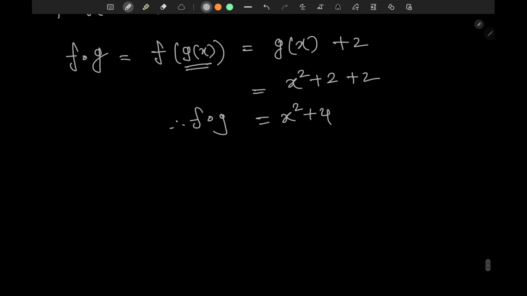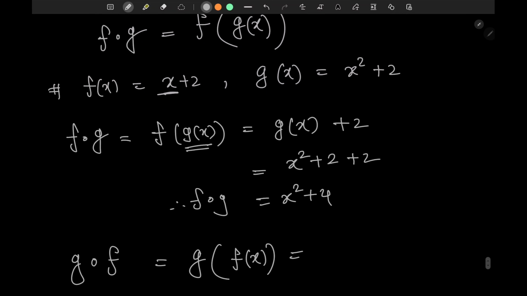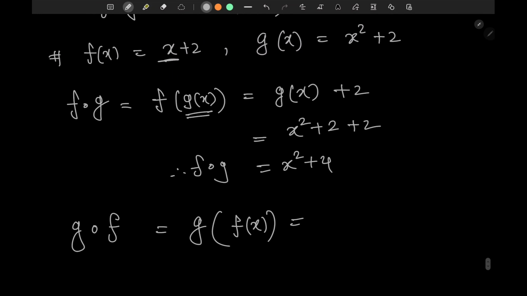Now you can do the converse as well. You can try to compose it like this, g of f. That means instead of x, now you use f of x as the argument of g. And as you can see, g of x was x squared plus 2. So now here you'll have f of x whole squared plus 2.